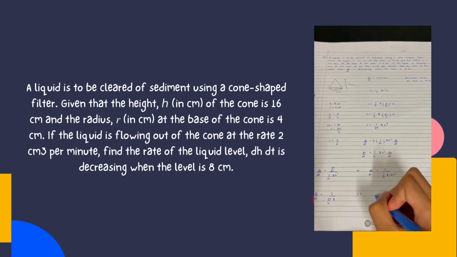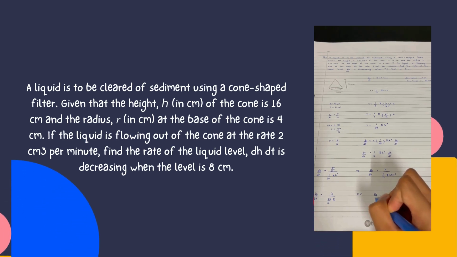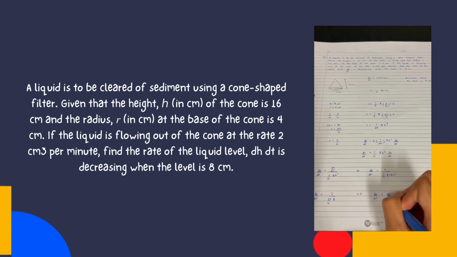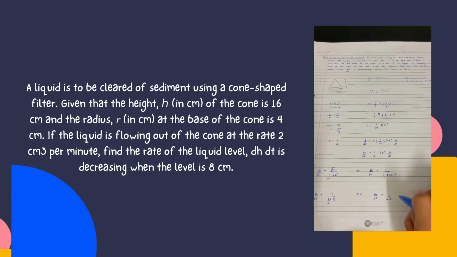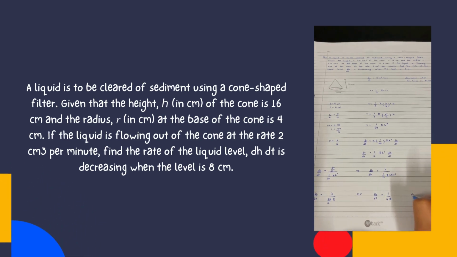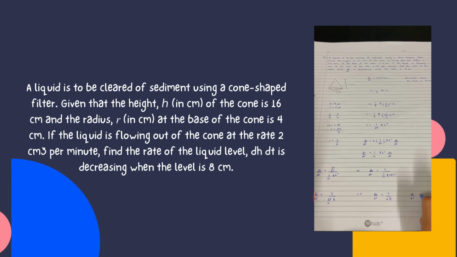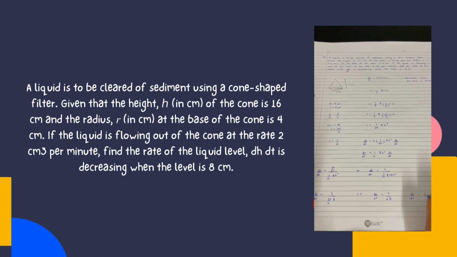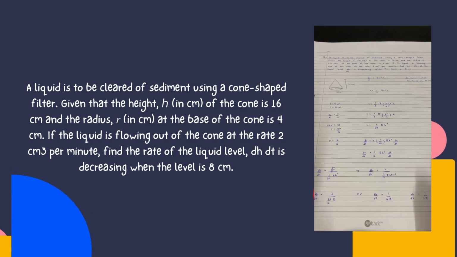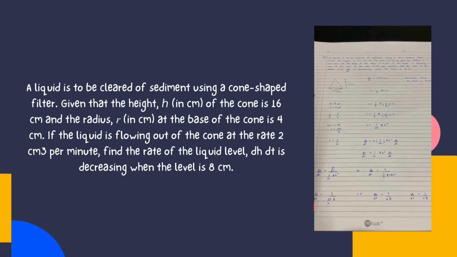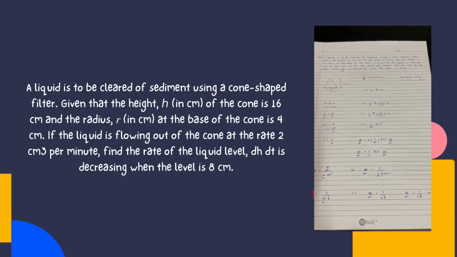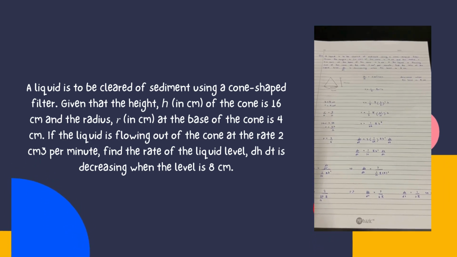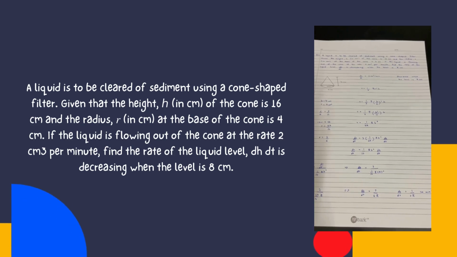Then dH over dt equals 2 over 4 pi, and lastly dH over dt equals 1 over 2 pi, which leads us to the final answer, which is 1 over 2 pi cm per minute.